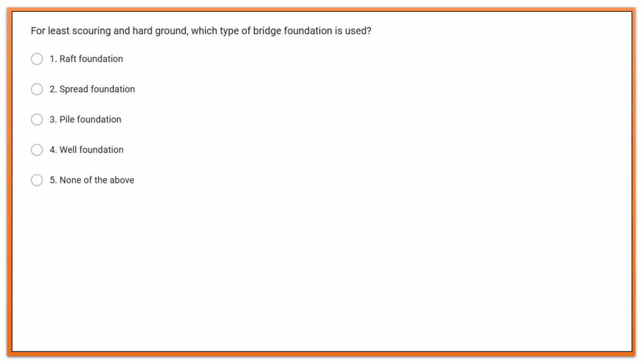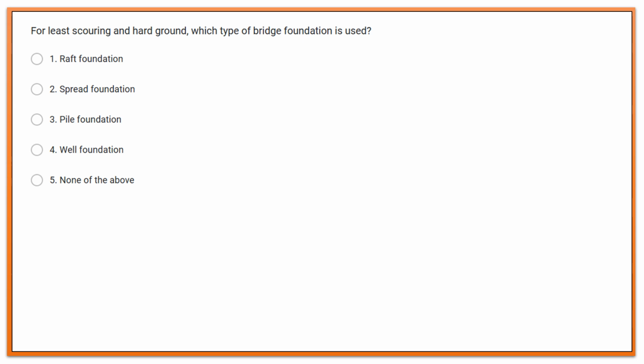Then question number 12: for less scouring and hard ground, which type of foundation is used? The first option is raft foundation. Raft foundation is used where the calculated area of foundation is larger than the area of the plot, or in black cotton soil. The next is spread foundation.